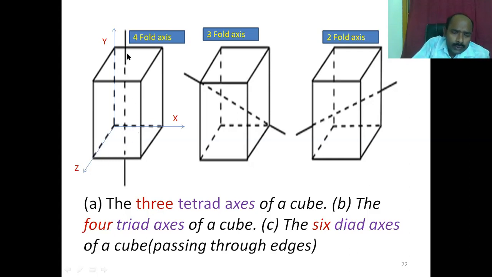The axis perpendicular to the xz plane passes through the center of the cube.